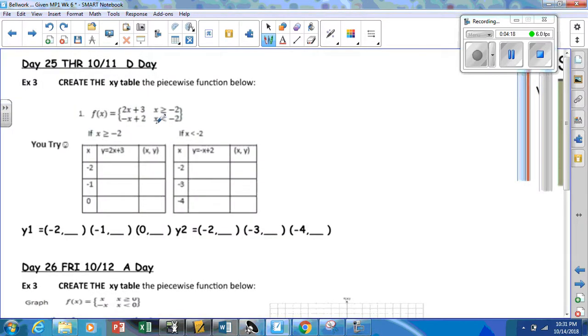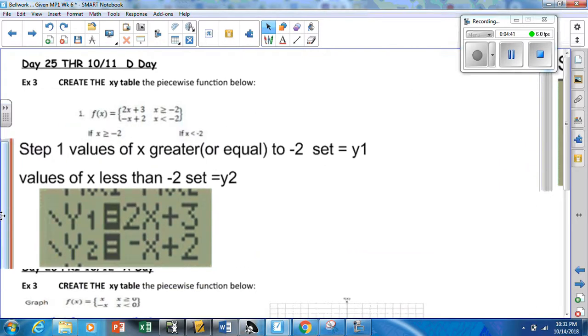However, when x is less than -2, my function is -x plus 2. So all that being said, what are our steps to solve the problem?